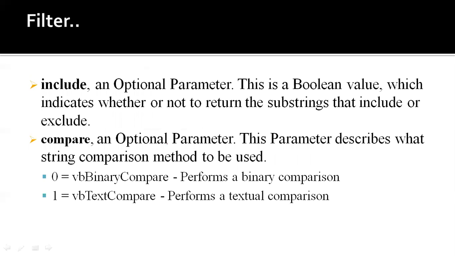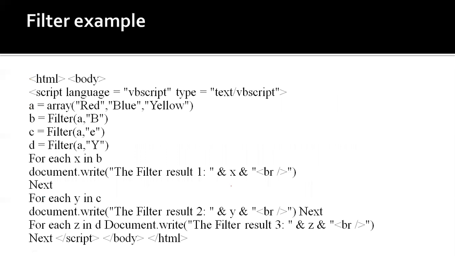Include is an optional parameter. This is a Boolean value which indicates whether or not to return the substrings that include or exclude. And compare is used for the comparison method. You can see the example and check for the outputs.